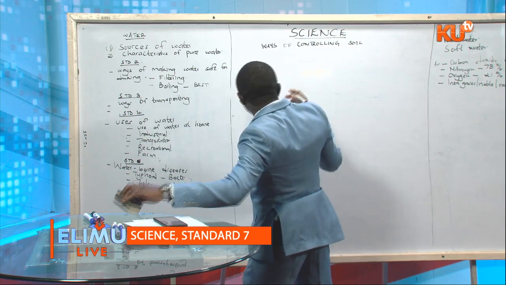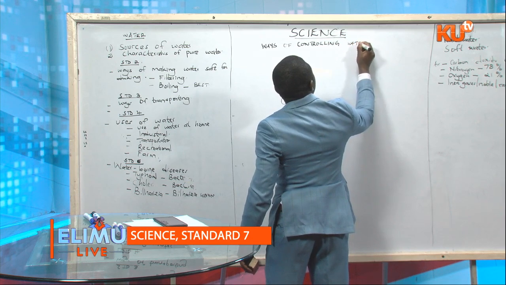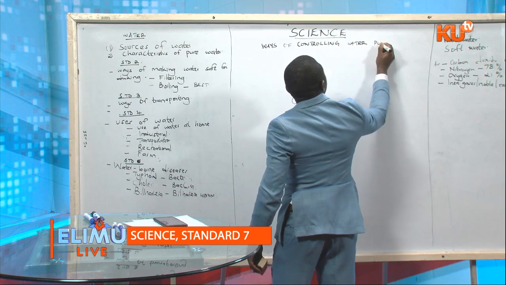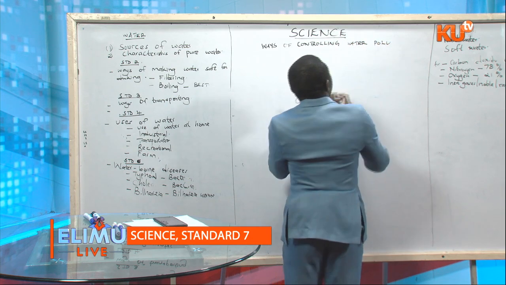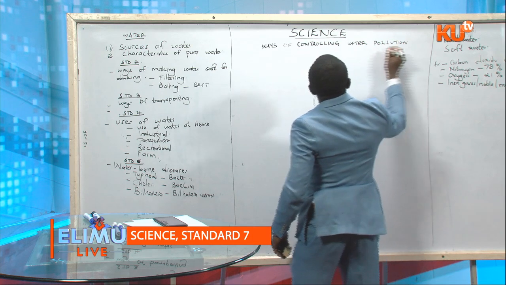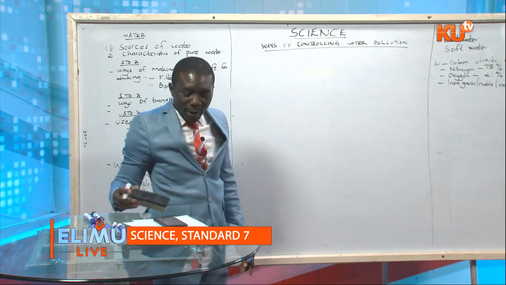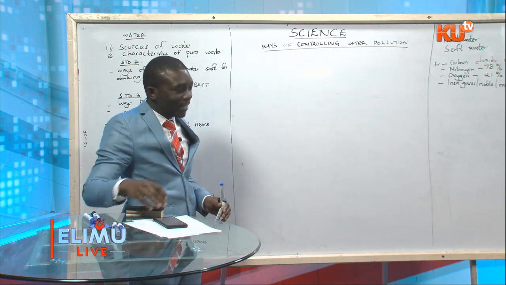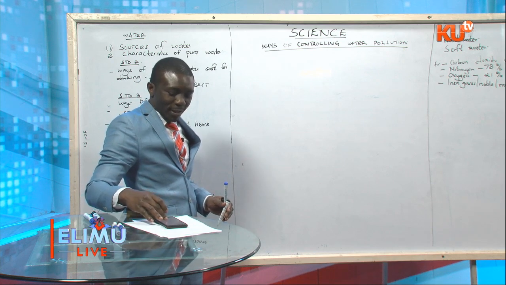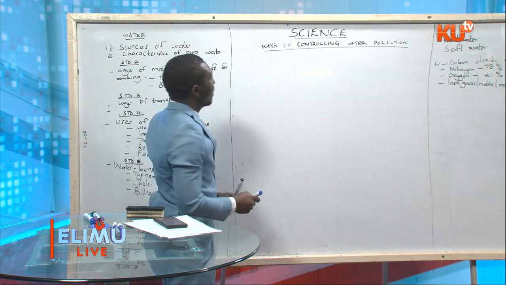Oh, water or soil. Sorry for that. Water pollution. So under the water pollutants, we said we have got excess fertilizer.